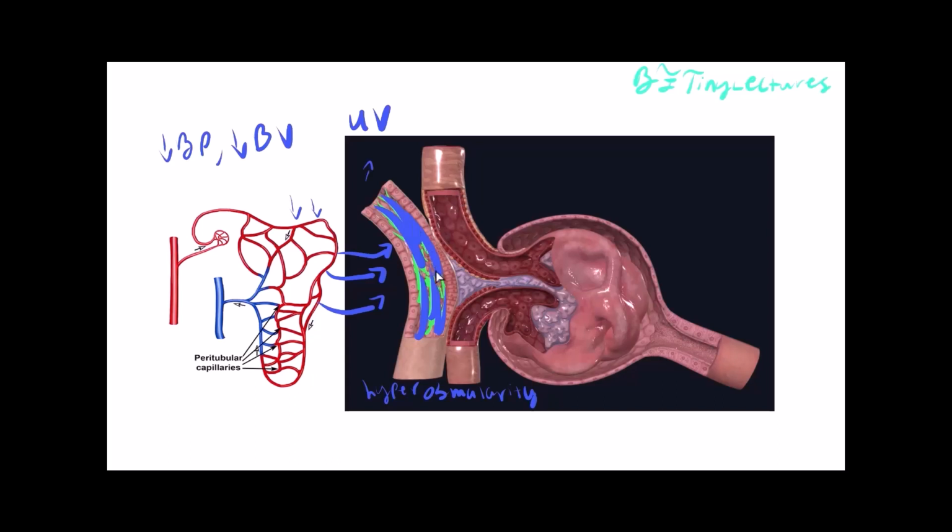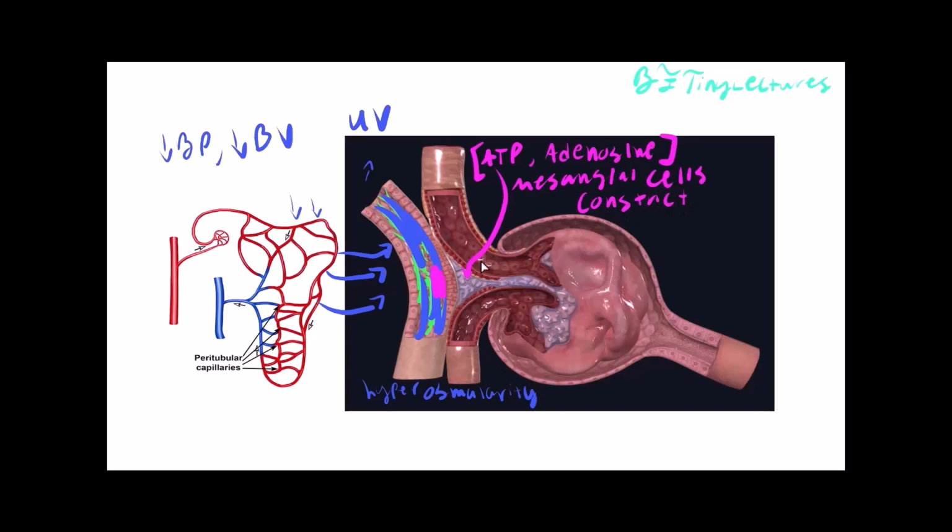So the macula densa, this guy right here, this collection of cells, releases adenosine triphosphate and adenosine. And these guys right here, they are going to signal for the mesangial cells. The mesangial cells are going to receive the ATP and the adenosine, and they will constrict.